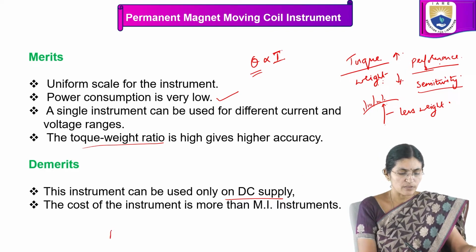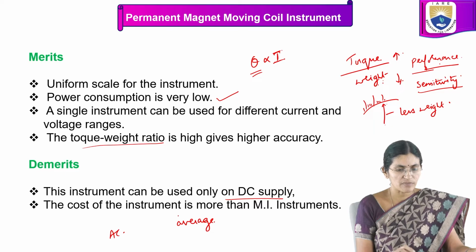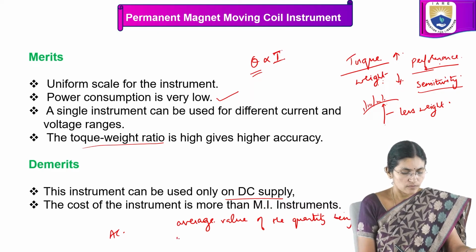So why? Because the PMMC instrument measures the average value of the quantity being measured.